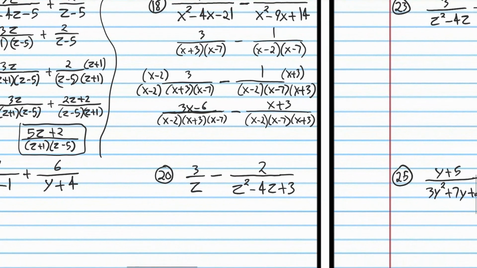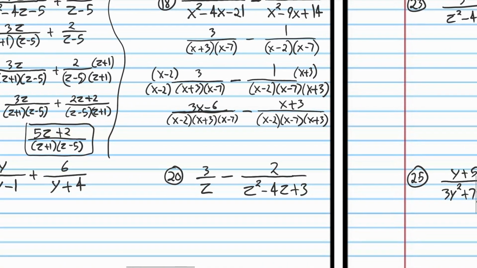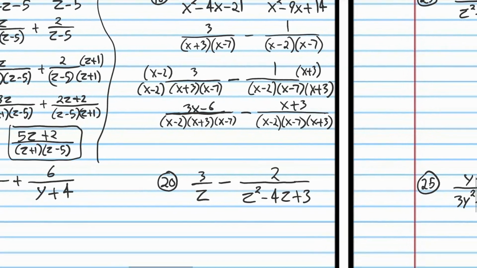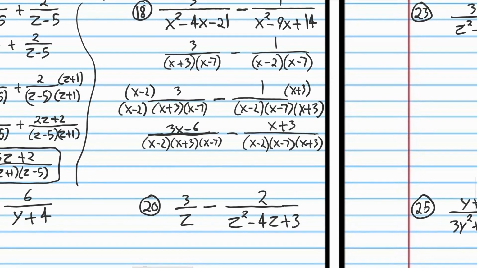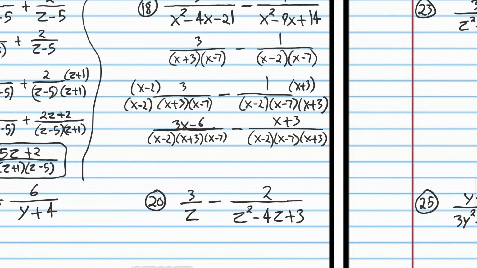And so now comes the tricky part. These terms are both positive. But I want to demonstrate, be aware, if this were a negative 3, we haven't seen this problem yet, but let's say that this were a negative 3.